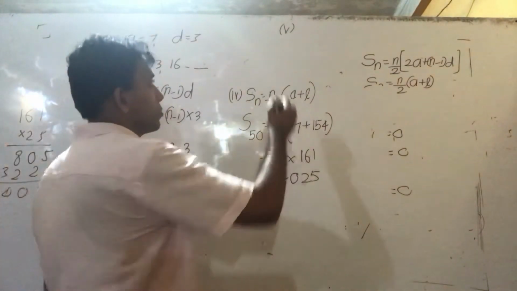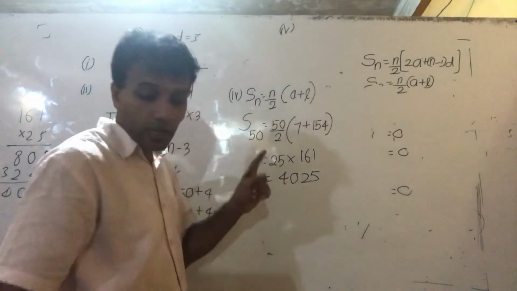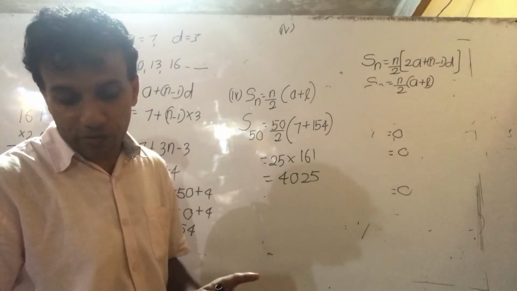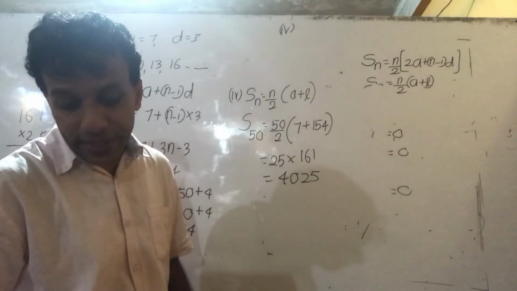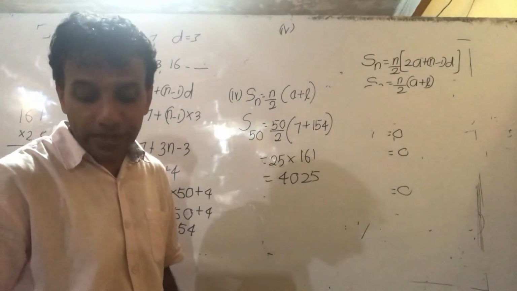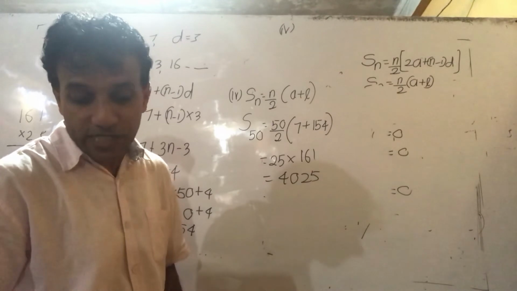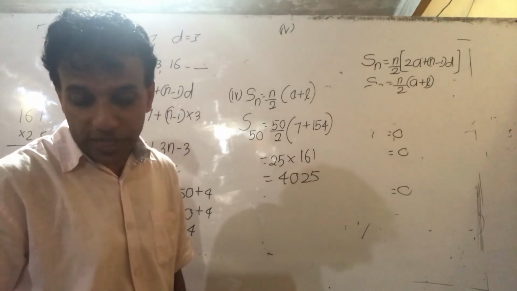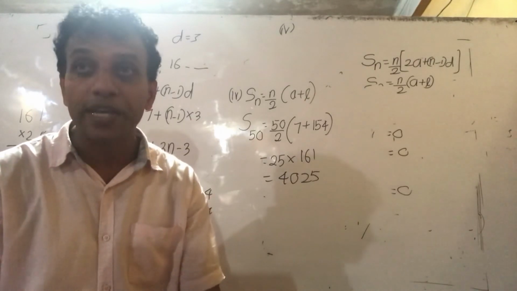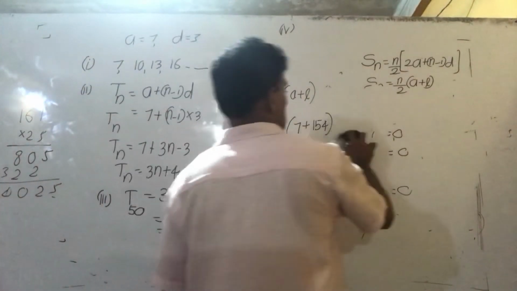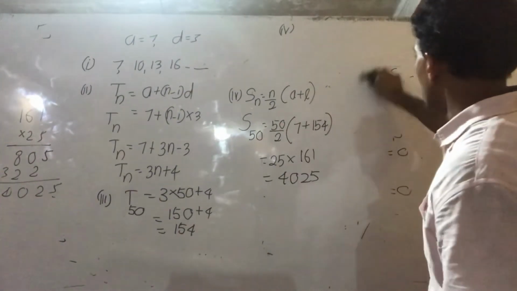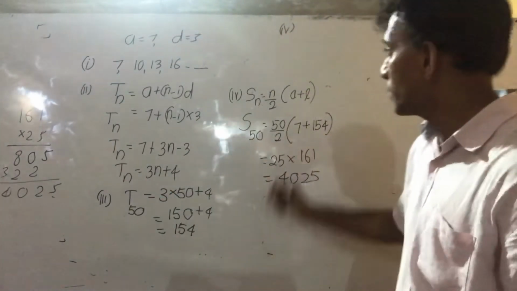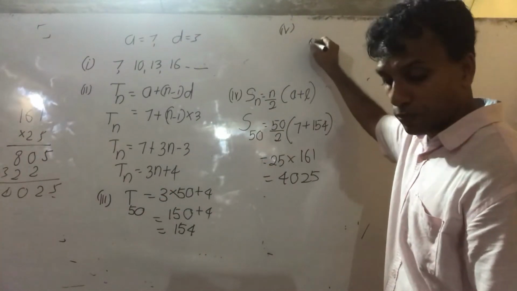Using part 4 above, find the sum of the first 50 terms of each of the following arithmetic progressions. Now the part 5.